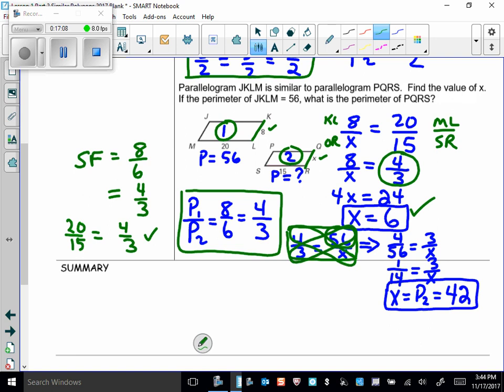It doesn't matter. You can switch either one of them. I switched the 3 and the 56 so that I have 4 over 56, and that simplifies to 1 over 14. That makes my cross product an easy task because now I just have x equals 3 times 14, which is 42. So that tells me the perimeter of that second little parallelogram there is 42.